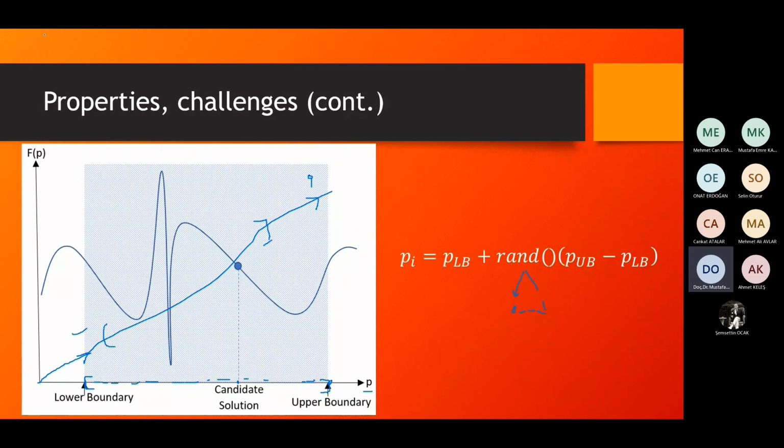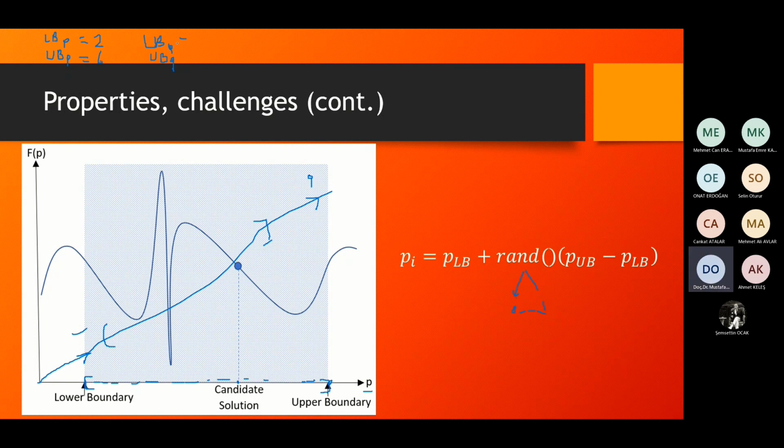Let me write an example in here. Lower boundary and upper boundary of P, and I need the lower boundary and upper boundary of Q. Let's say the lower boundary of P is 2 and the upper boundary is 6.